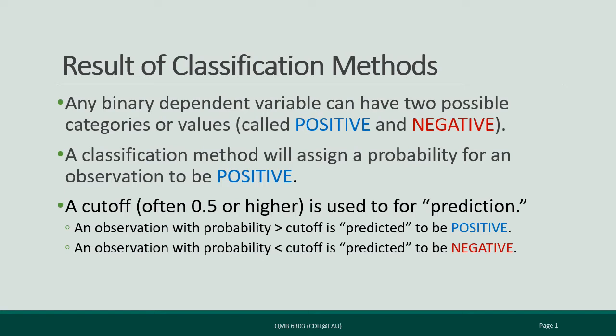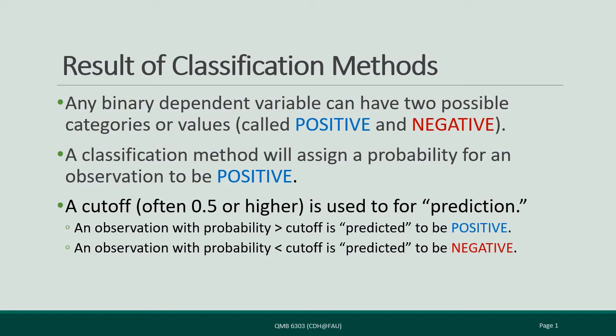So if we look at a classification method, it's really designed to assign the value of a categorical binary dependent variable to any observation, right? So if we say that there's a particular observation with one binary dependent variable and a whole bunch of explanatory variables, then we use all the data.